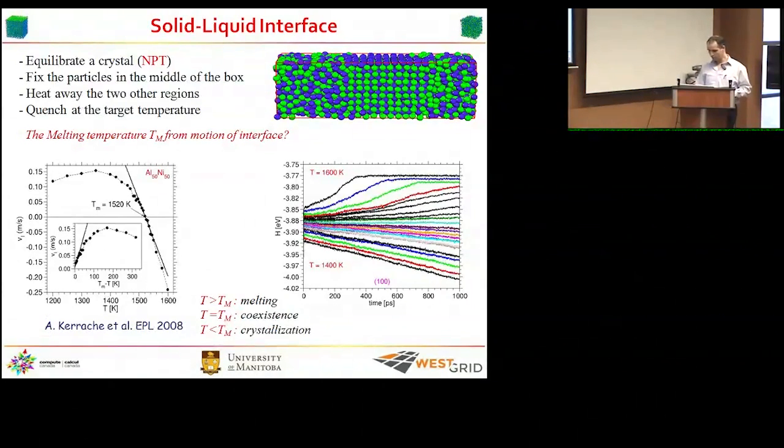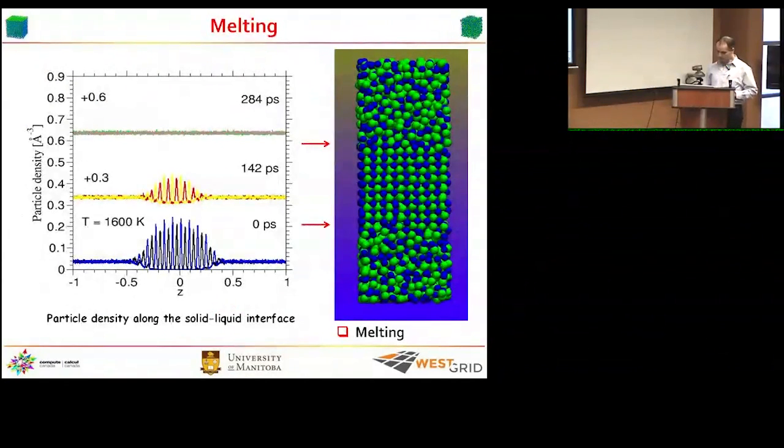When we run such a simulation, we print out the enthalpy of the system and the volume. From the enthalpy and the volume, we can extract the solid-liquid interface velocity.